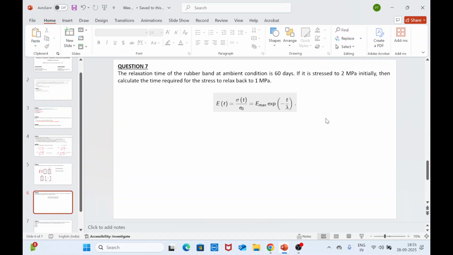Stress can be directly proportional to strain, so that is Hooke's law. And here the time is relaxation time, so that has a different meaning.